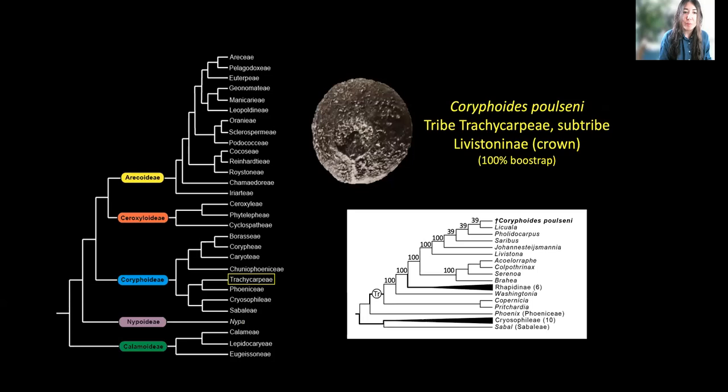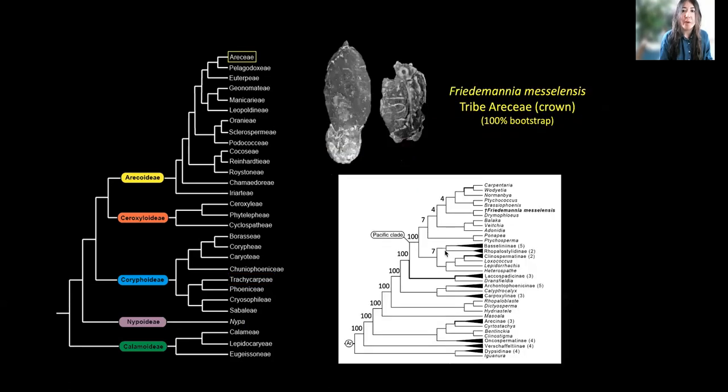Coryphoides poulsoni was placed in Coryphoideae, as its name implies, tribe Trachycarpeae, and within the subtribe Livistoninae. And finally, Friedmannia mesolensis comes out within the Ericoideae in tribe Ericeae, within the Pacific clade of tribe Ericeae, although support for any particular placement within that clade is weak.